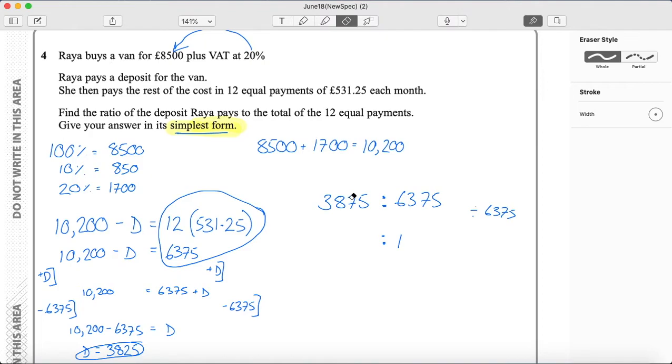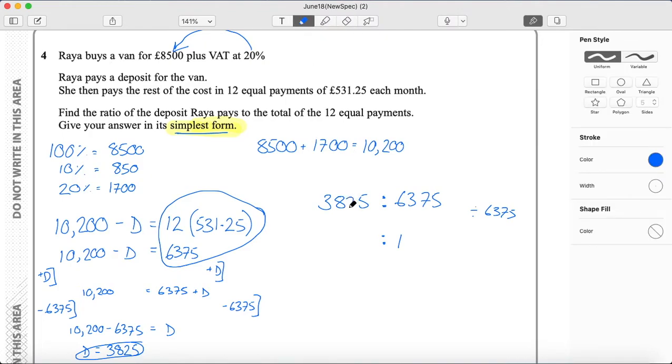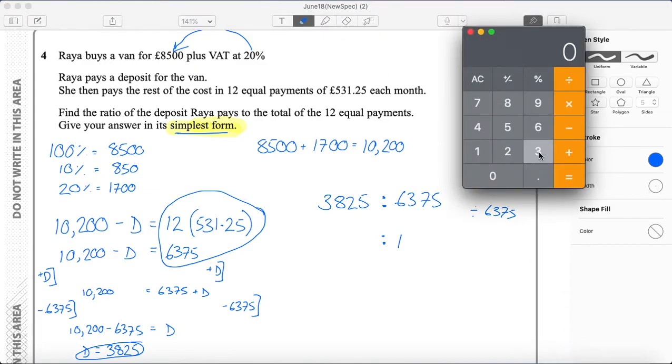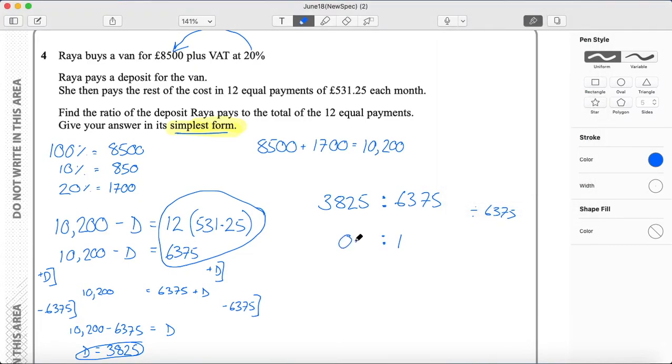Do be careful, that isn't a 7, that's a 2. 3825. A few of you are probably shouting at the screen there, going, he's got it wrong. So 3825 divided by 6375 gives me 0.6. 0.6 and a 1.